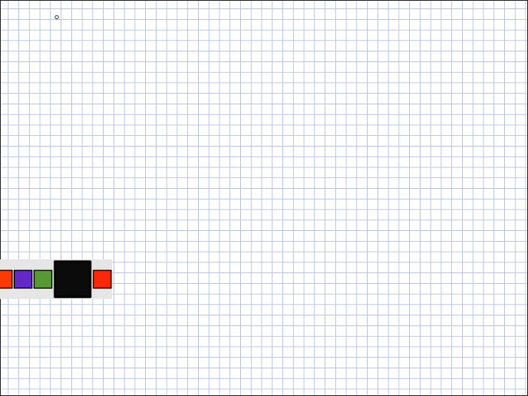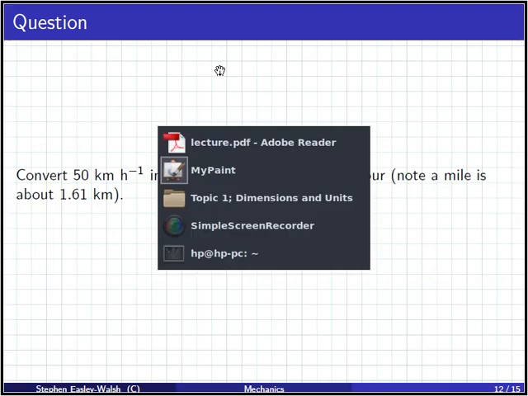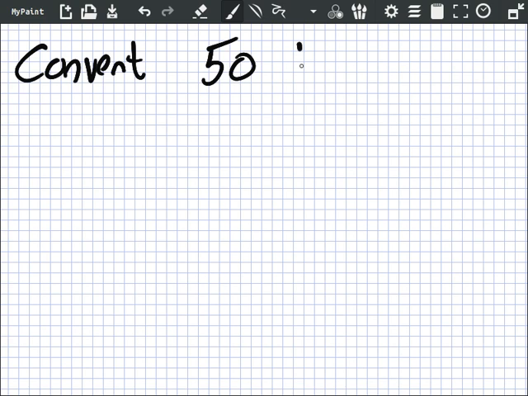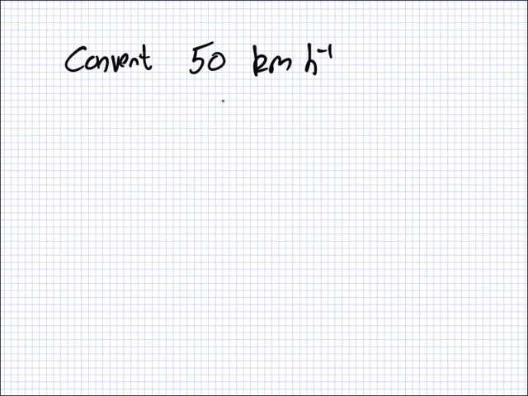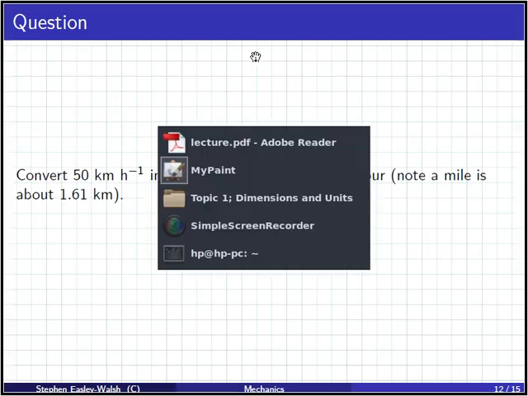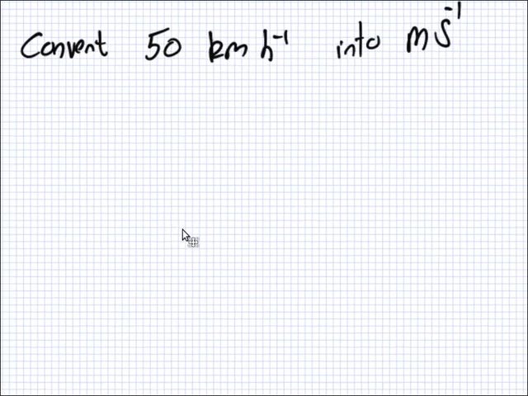Right? So I'll just write the question down again here. It is to convert 50 kilometers per hour first into meters per second.